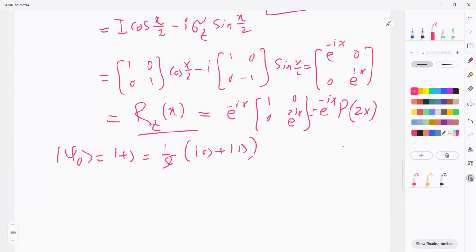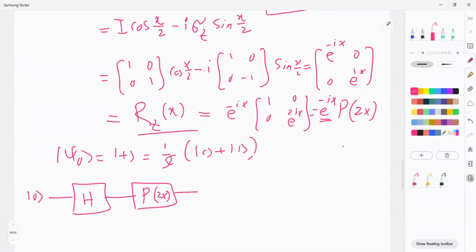I can get this plus state by applying the Hadamard, and let's forget about the global phase, and then this is just a phase gate. If you see closely, this is what we called the phase encoding.